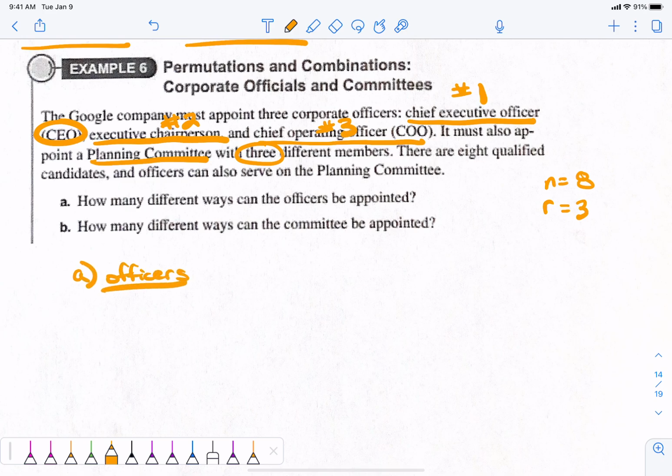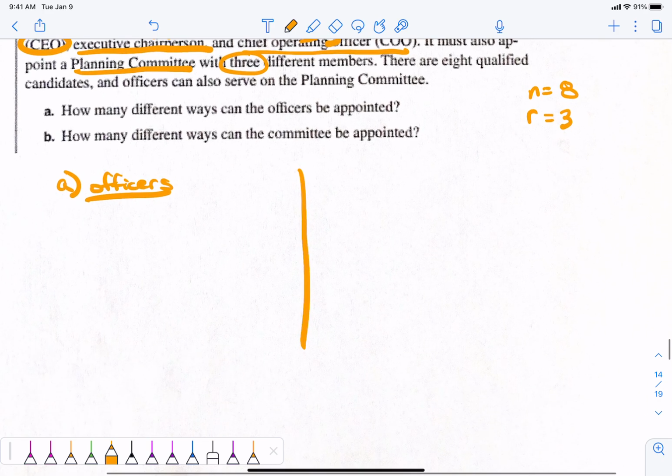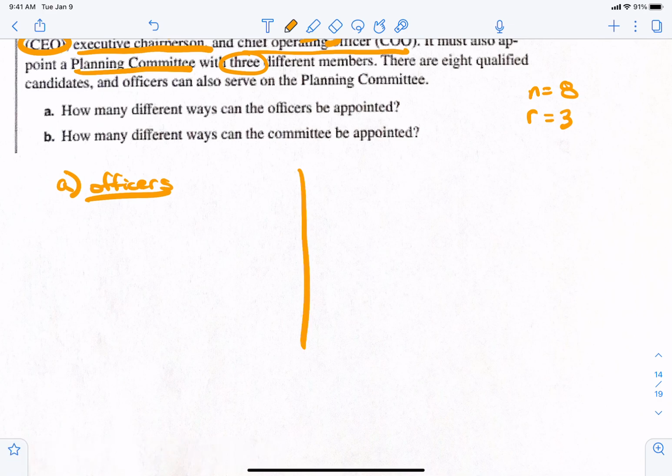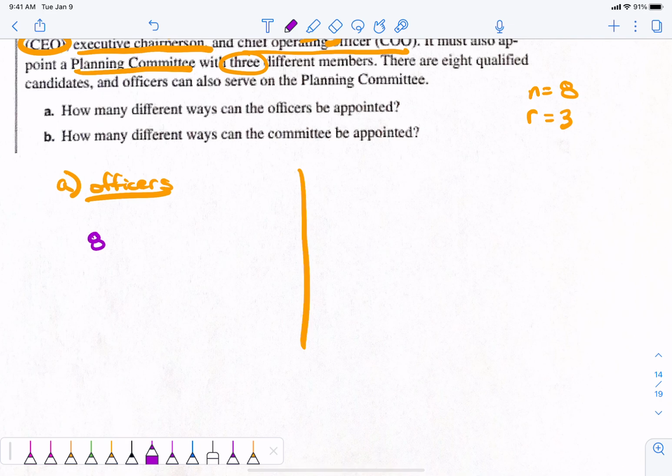If I choose officers, does the order matter? Yes, because they don't have the same position. So I'm going to use a P. 8P3 is 336. There's 336 different ways.